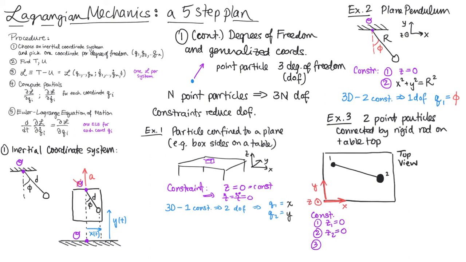There's one more constraint, though, and that other constraint is that the distance between these particles is always constant. And if I might just annotate this diagram, I'll say r is that separation. So the rod has length r. So we can write down an equation that relates x1 and x2 and y1 and y2.